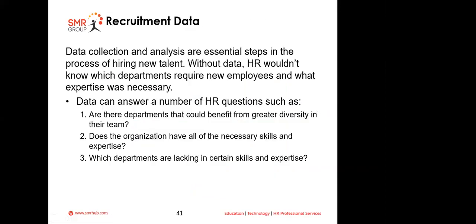So it's important for us to collect data and analyze them as part of our hiring process. Without data, it's very difficult for us to understand what the employee needs are, what human resources are needed, and what kind of employees are needed, and so on. This recruitment data that we have can actually give us answers to several questions.